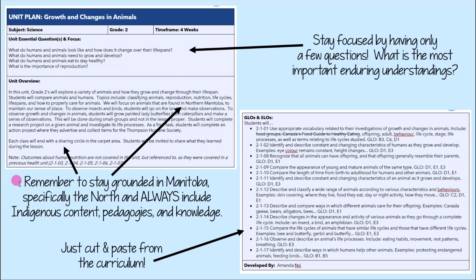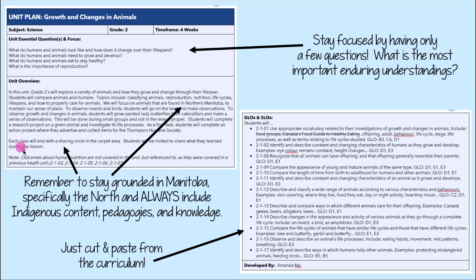You have to find the ways that it fits to make it grounded in real life of where you are. So if you get a job next year in Siberia, then your job is to make sure that your curriculum is grounded in Siberia. But we are here in northern Manitoba, and we want to ground it into their real life.